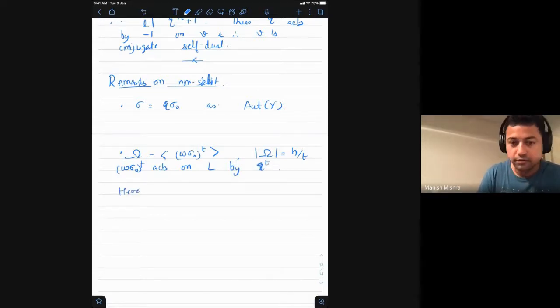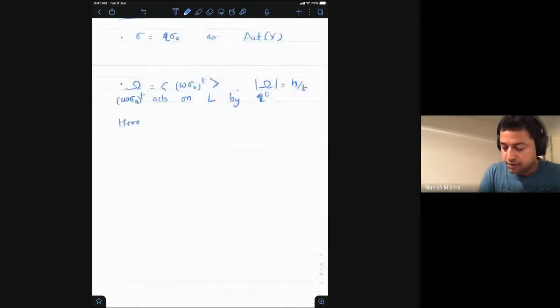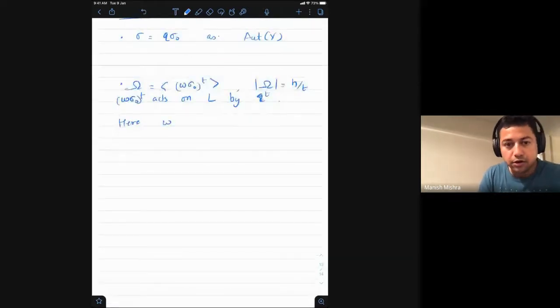Here we are taking not the absolute Coxeter number, but with these changes. But here there is an important difference.